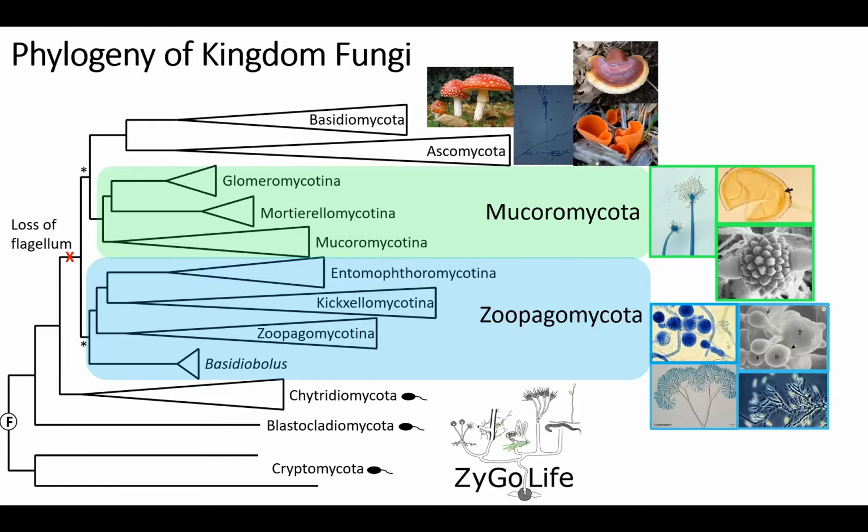Zygomycetes, which is an informal grouping made up of two phyla, Mucoromycota and Zygomycota, are currently the focus of this interinstitutional project called ZygoLife, which my project is a part of, and it's focused mainly on furthering our understanding of the evolutionary history and the ecological associations of these understudied fungi.